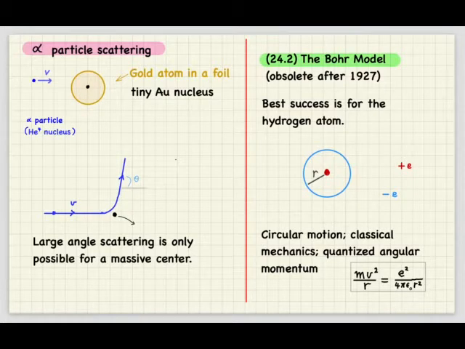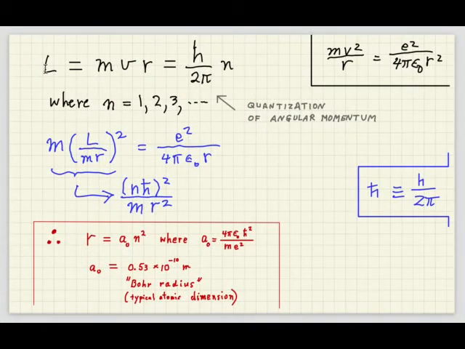So now let's look at what results. All right, angular momentum for an object in circular motion, the electron in this case, is mass times velocity times r, the radius of the circle. L is mvr. And Bohr postulated that that quantity, mvr, is an integer multiple of some constant value, some smallest possible value.